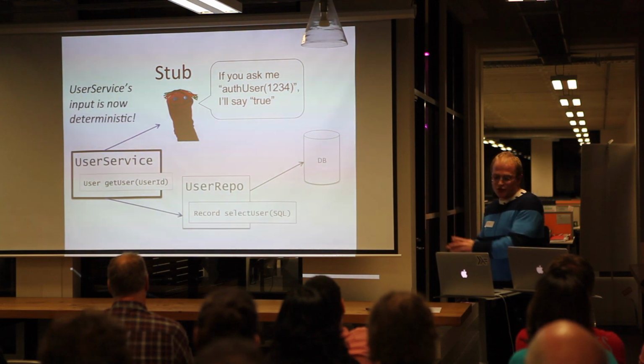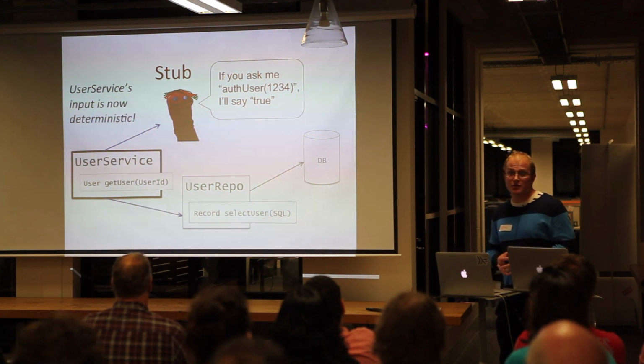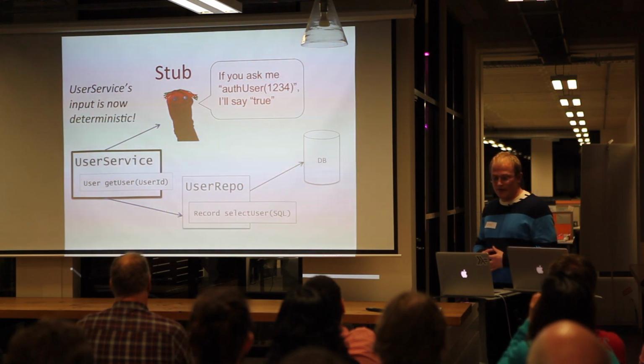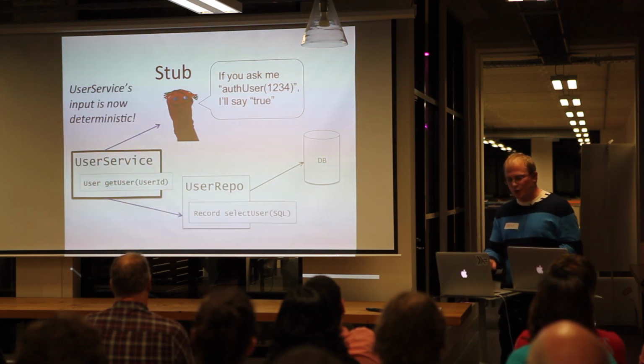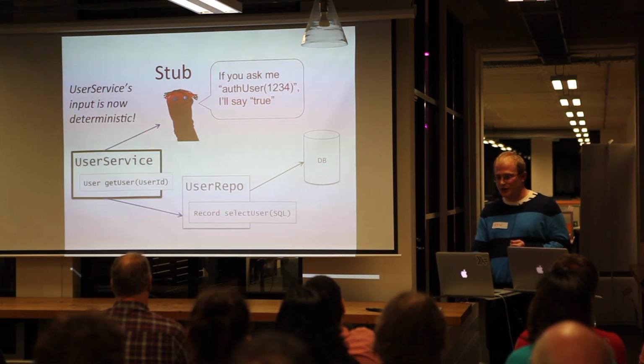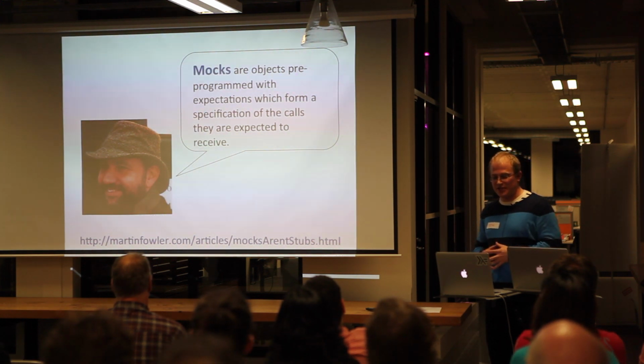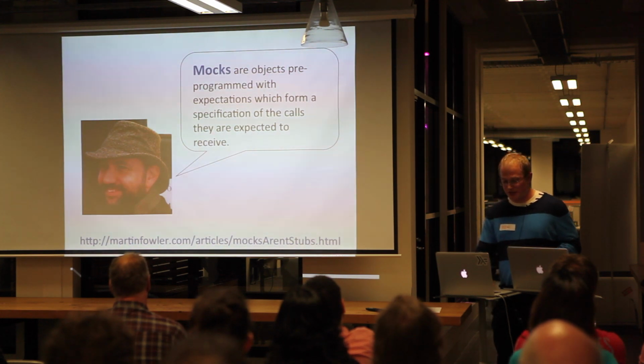So now with this user repo, this is effectively the output of our user service. That's sort of the effect it has on the world. So we can rip that out and replace it with a mock. So the great man again: mocks are objects pre-programmed with expectations which form a specification of the calls they're expected to receive.